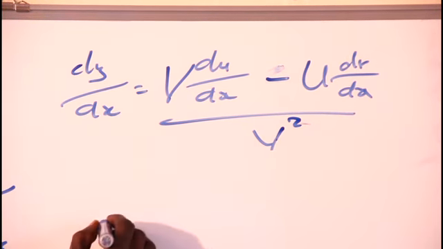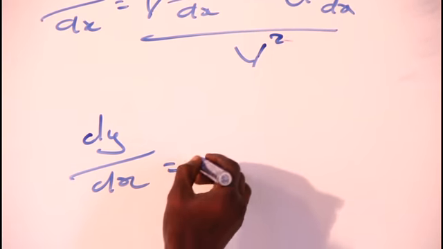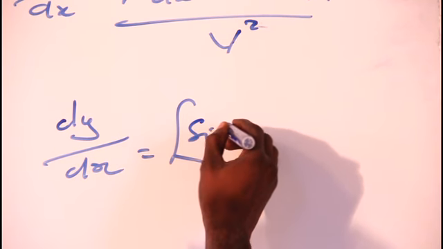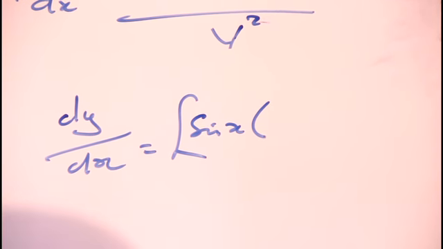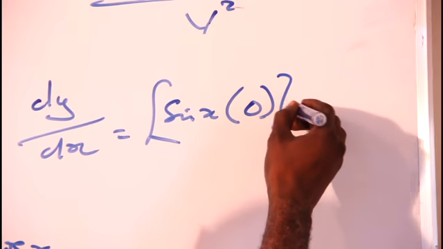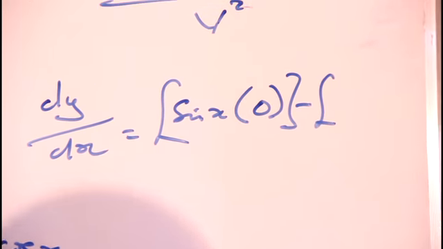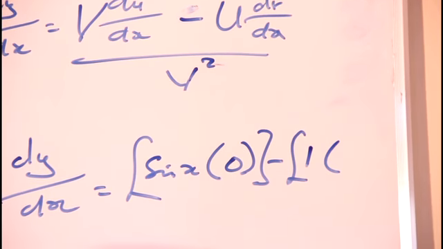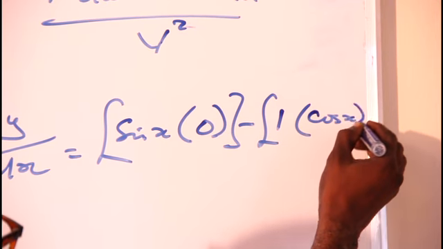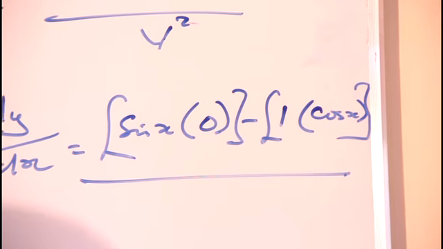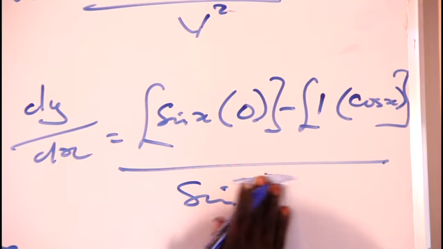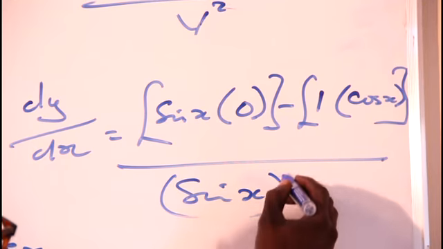When we do that, our dy over dx will be equal to, so what is our v? Our v is sine x into our du over dx, which is 0, close it, minus u, our u is 1, into our dv over dx, which is cos x, all over v squared. Our v is sine x, so let's write it as sine x all squared.